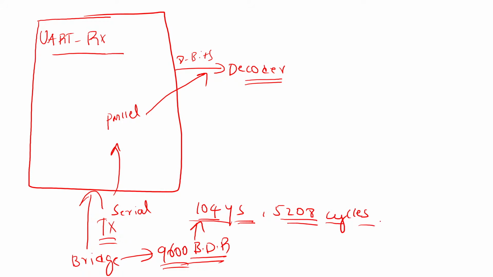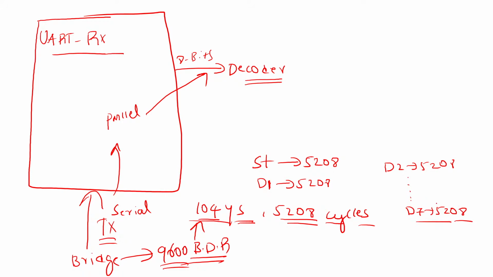If you haven't watched that session, I recommend you to watch it. So the start bit will be available for 5208 cycles, and the first data bit will be available for 5208 cycles, and D2 as well, like this up to D7.